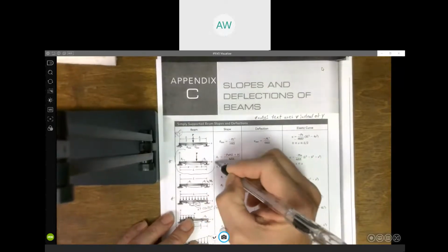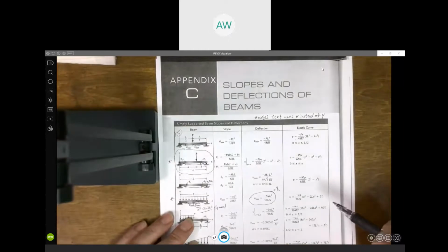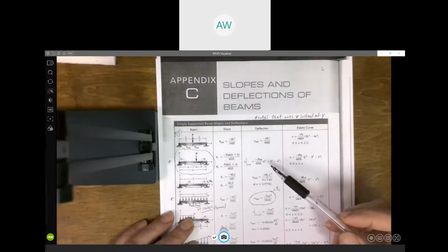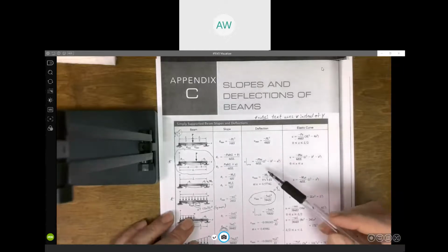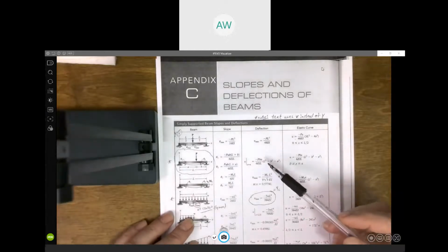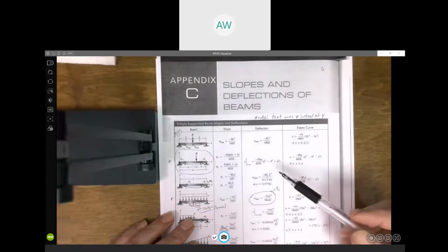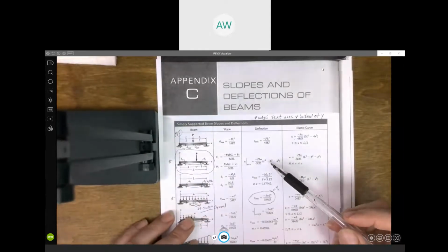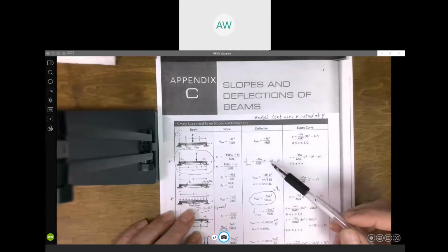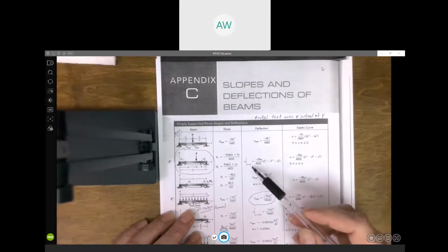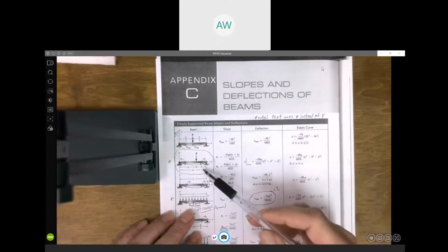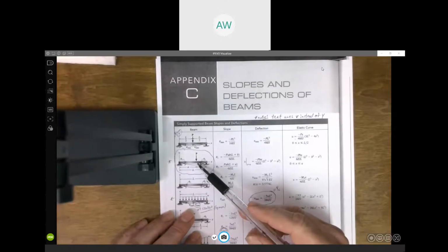Now, here's where the question that got asked earlier, can we always use the formulas for the maximums? Well, here the answer is no. One, this doesn't give us a formula for the maximum displacement. It's not going to be at x equals a. We saw that from the problem we worked yesterday. This is basically the problem we worked yesterday. That maximum displacement is not where the force is applied.